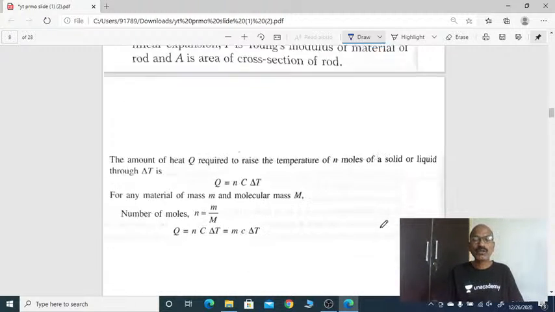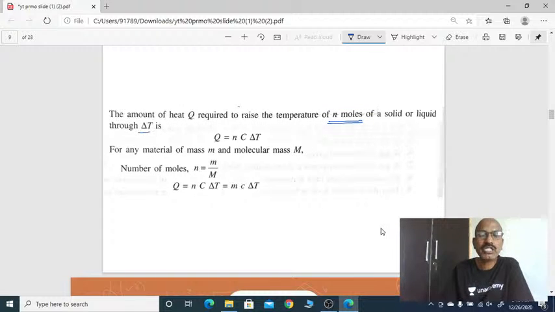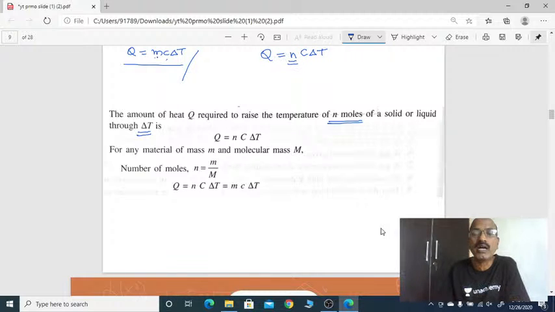Let us proceed to the last one. The amount of heat required to raise the temperature of n moles of a solid through temperature delta T: suppose n moles of solid are heated through delta T, then Q equals n C delta T. Earlier we discussed Q equals mc delta T, where m is mass; here, when the number of moles is given, use this formula, where n is the number of moles.